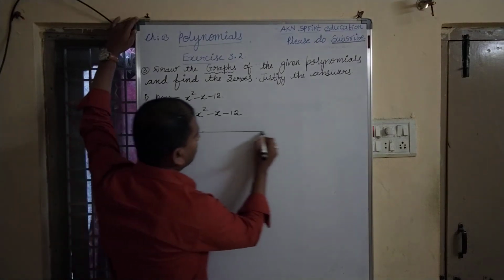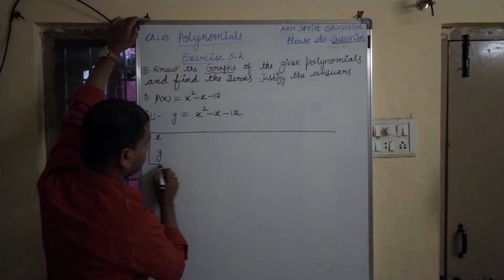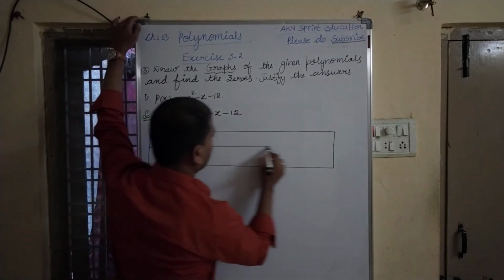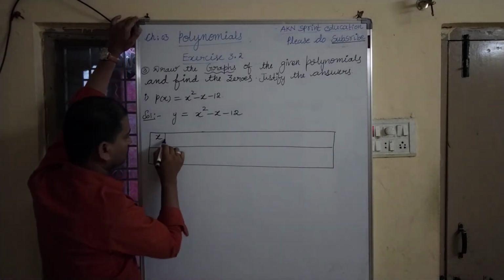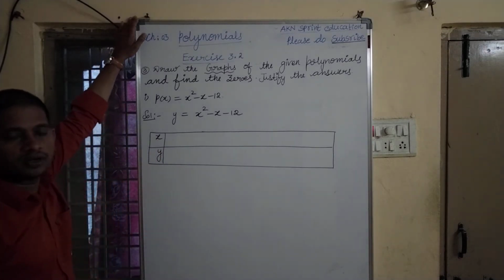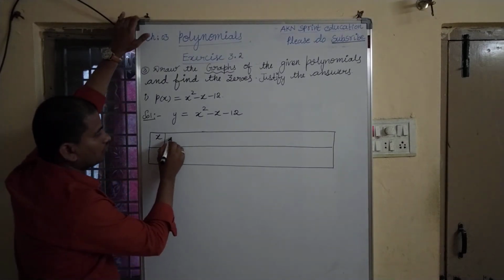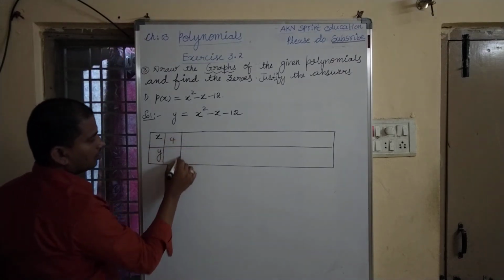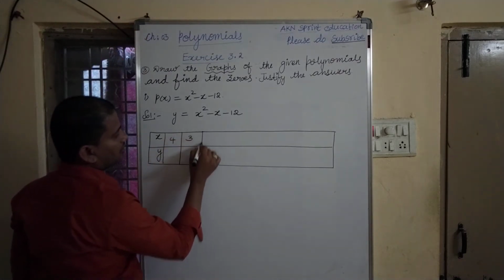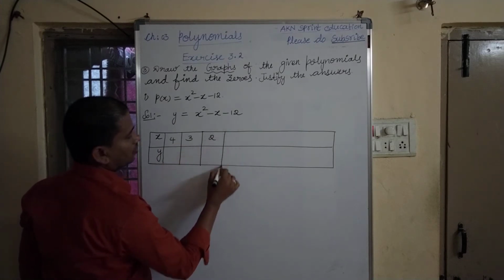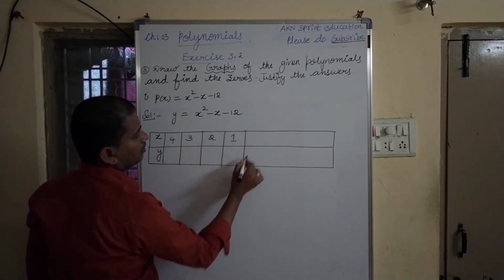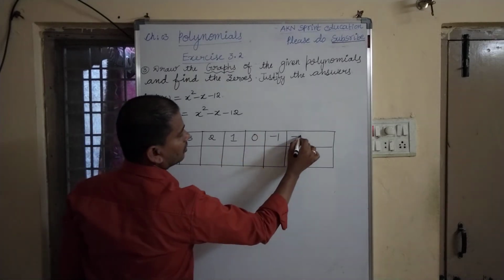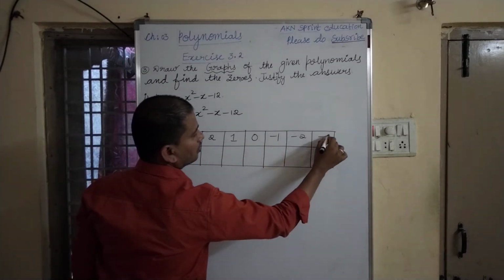Now what you do, you take first x equal to 4, then 3, 2, 1, 0, minus 1, minus 2 and minus 3.